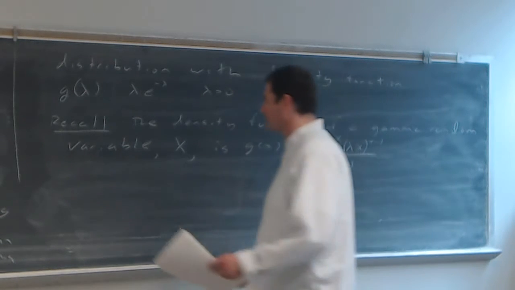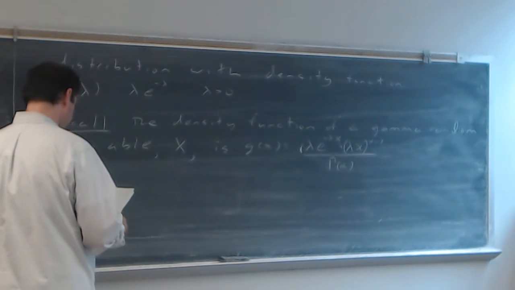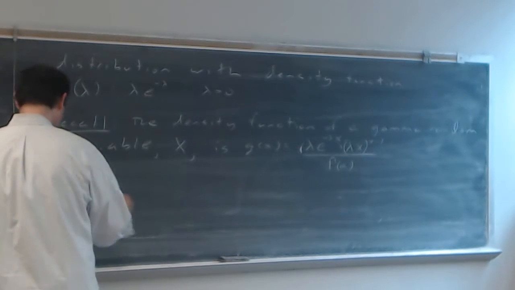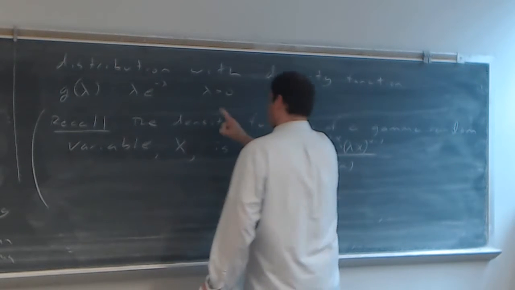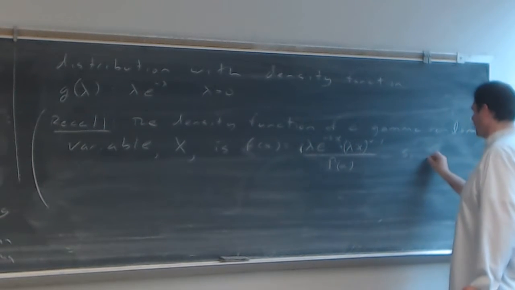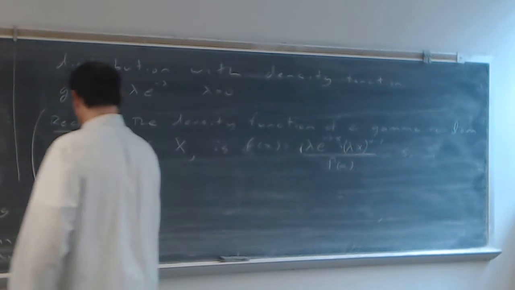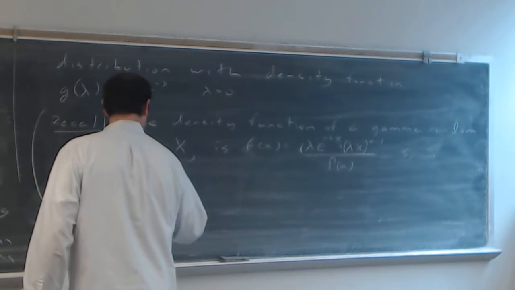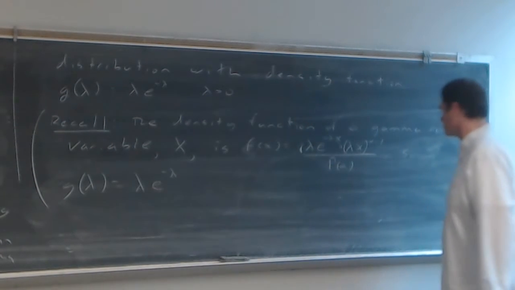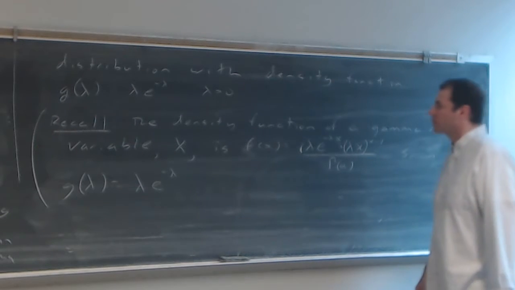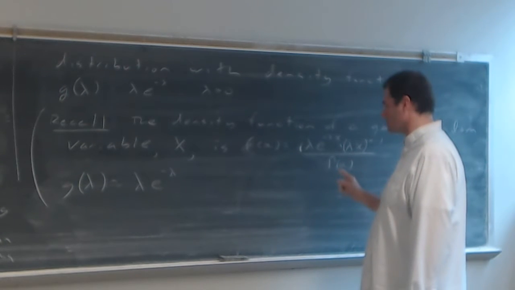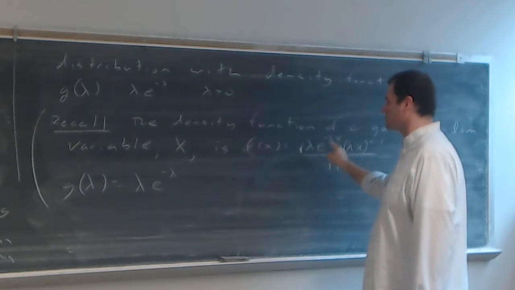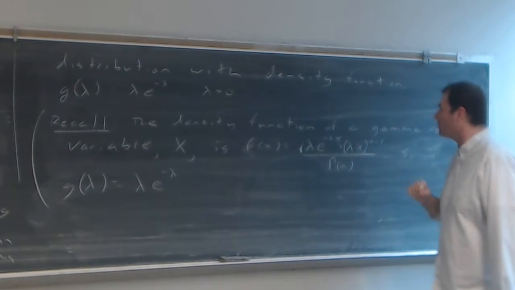All right. So this is kind of a parenthetical expression. So comparing that, and let's call this f of x, so that I don't need to use g of x. In g of lambda equal to lambda times e to the minus lambda, this lambda is playing the role of x.